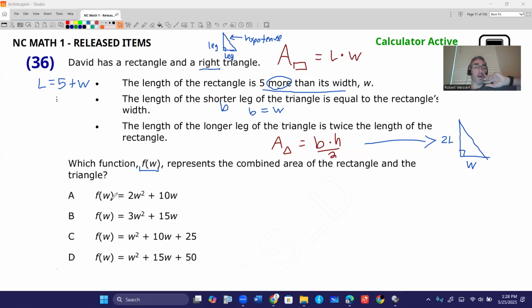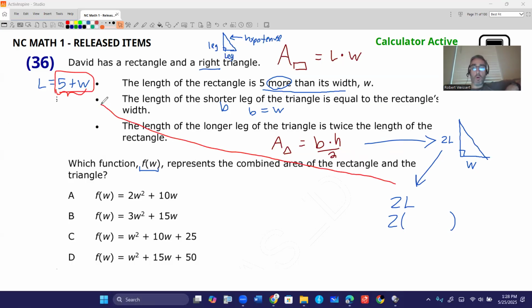And we have a problem, because all of our answer choices are in terms of W, not L. So this L is going to have to be written as something in terms of W. I'm going to rewrite this 2L. 2L is really 2 times what L represents, and we have an expression for L. That's 5 plus W. So I'm going to move that 5 plus W right in there, and that's going to be 2 times 5 plus W. Awesome. So now I have my base and my height in terms of W.